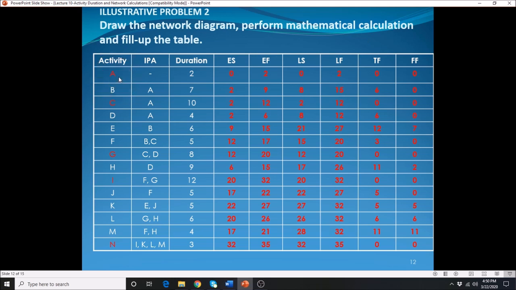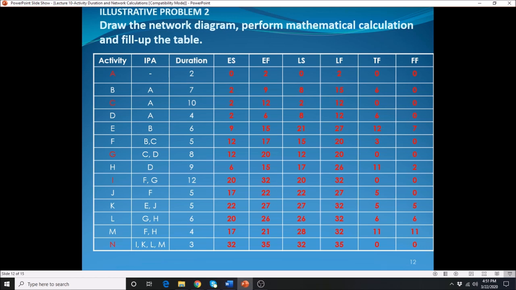Your A is critical, C is critical, G is critical, I is critical, N is critical. So all those critical activities that are in the critical path, TF and FF are 0. So notice here, your A, TF and FF 0, C 0, 0, G 0, 0, and your I 0, 0, and N 0 and 0.